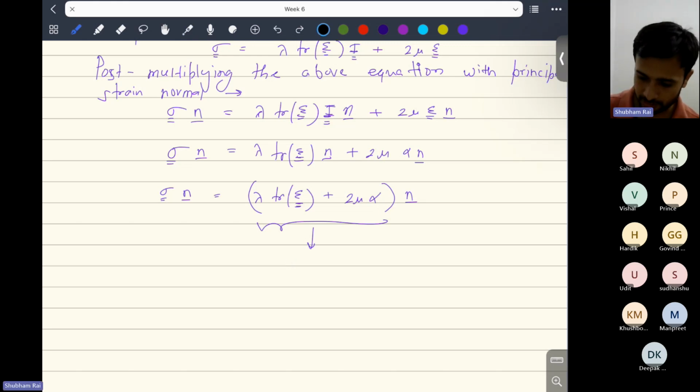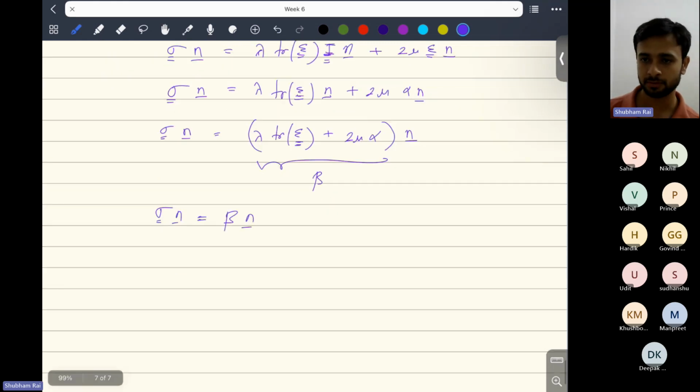I'm telling you why. Let's say that this whole term is a scalar only. Because this is also a scalar, let's assume it to be beta. So you can write it like this: sigma n is equal to beta n, right? So it's again an eigenvalue problem.